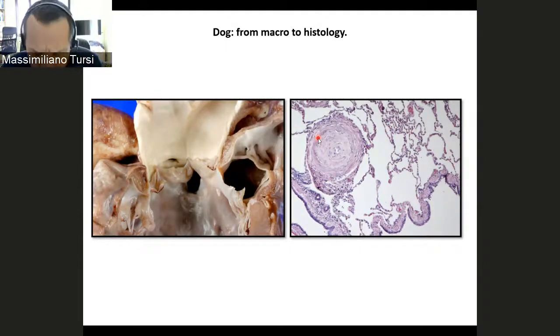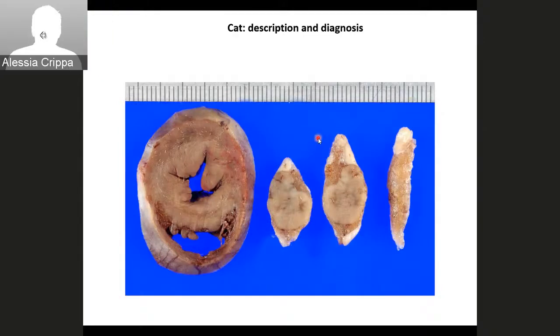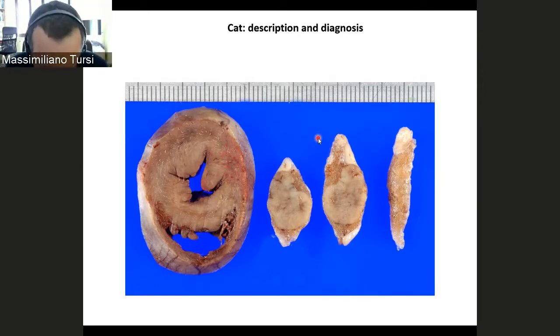Almost finished. Alessia, do we have time for another one? Oh, okay, Massimiliano, it's 12 o'clock. As you prefer, I was just writing you a text message about it. For me, there is no problem. Okay, I can suggest just this case, and then we have lunch.